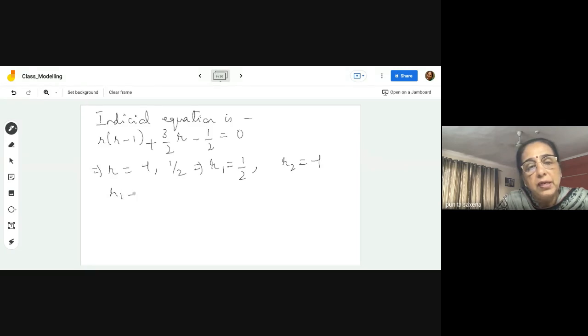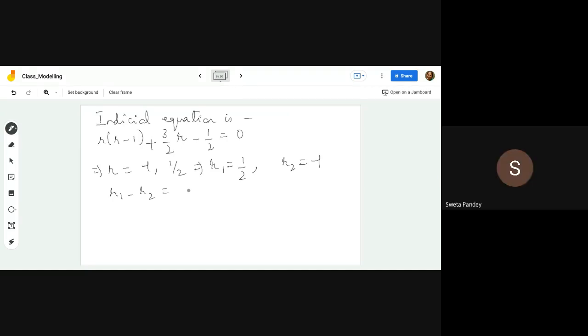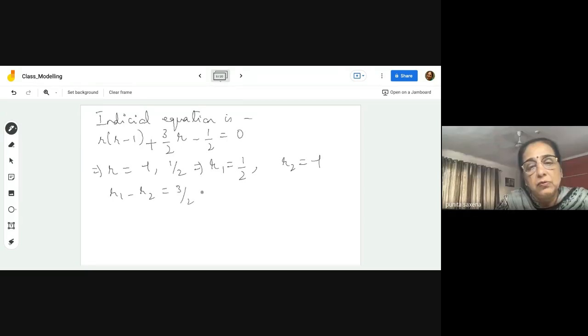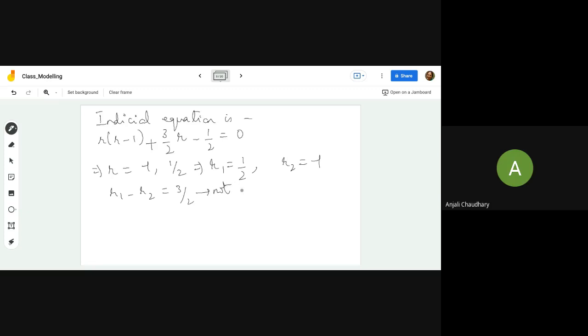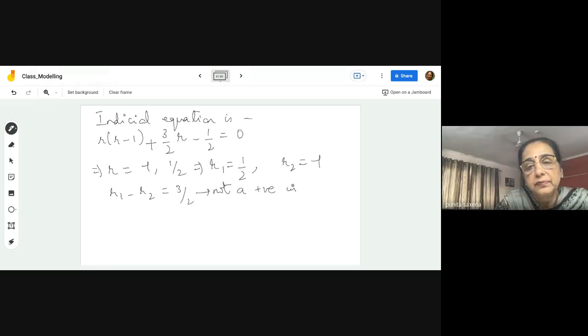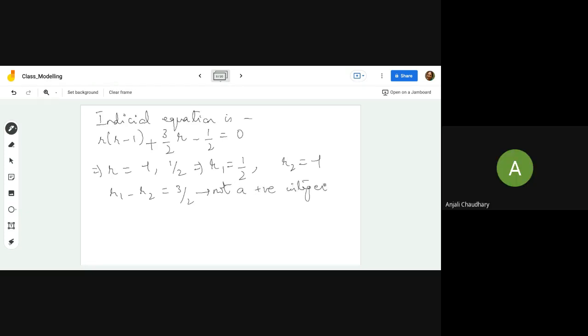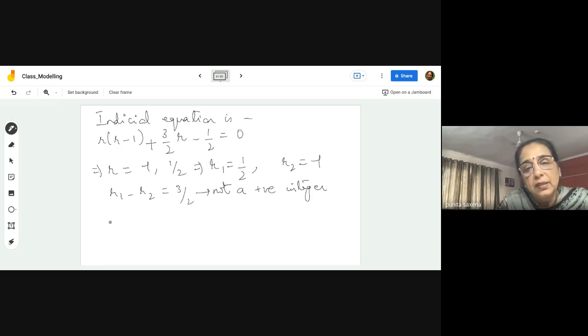How much is r1 minus r2? 3 by 2, which is not a positive integer. That means this differential equation is going to have two linearly independent solutions.